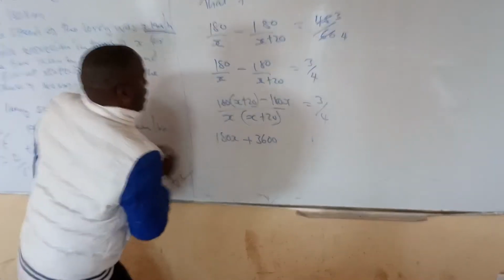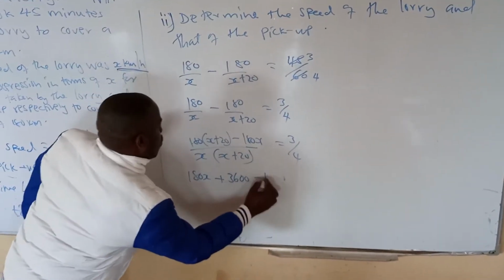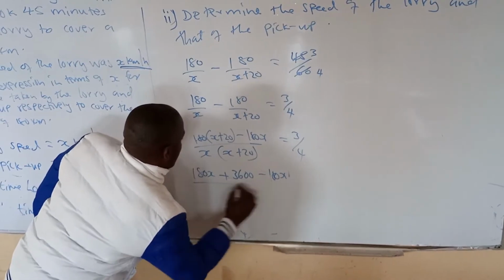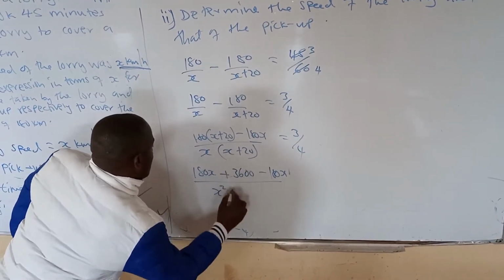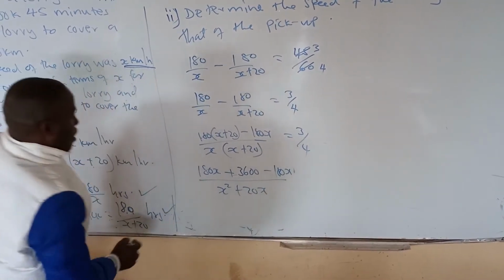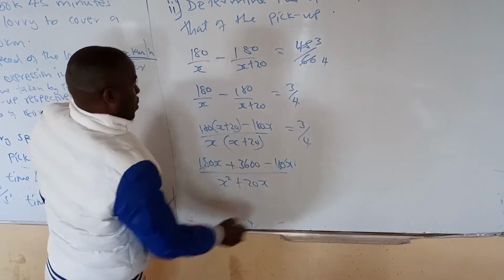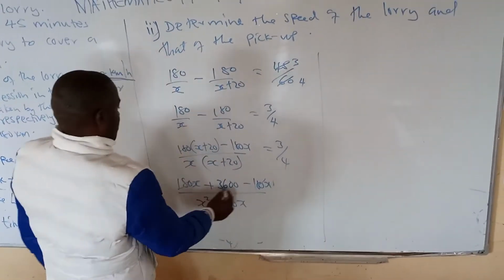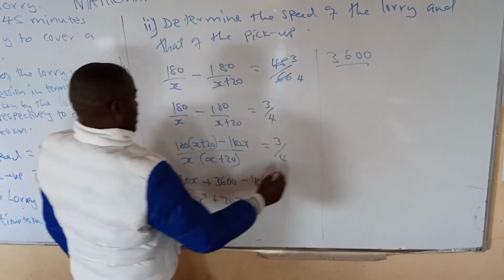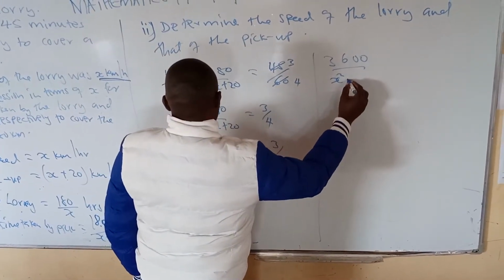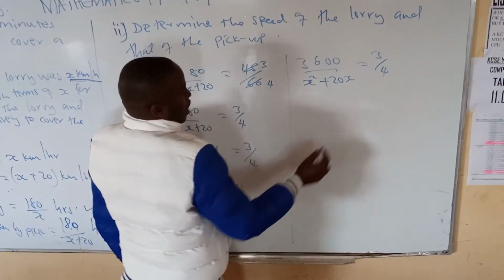So 180x plus 3600, then minus 180x, all over x squared plus 20x after opening the bracket. Now 180x minus 180x cancels, and we remain with 3600 all over x squared plus 20x equals 3 over 4. We can now cross multiply.